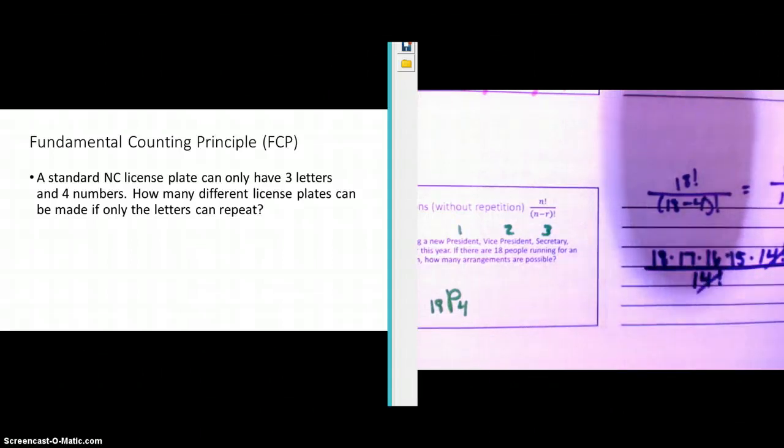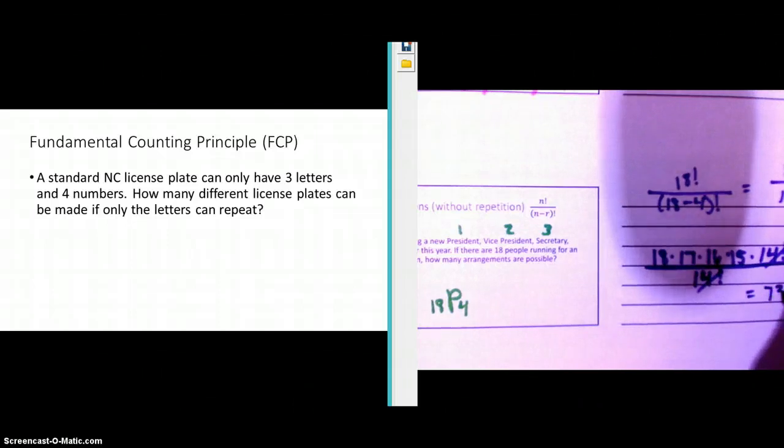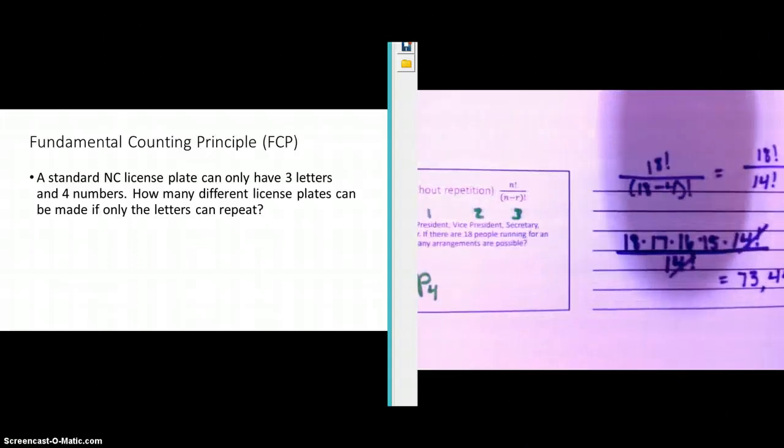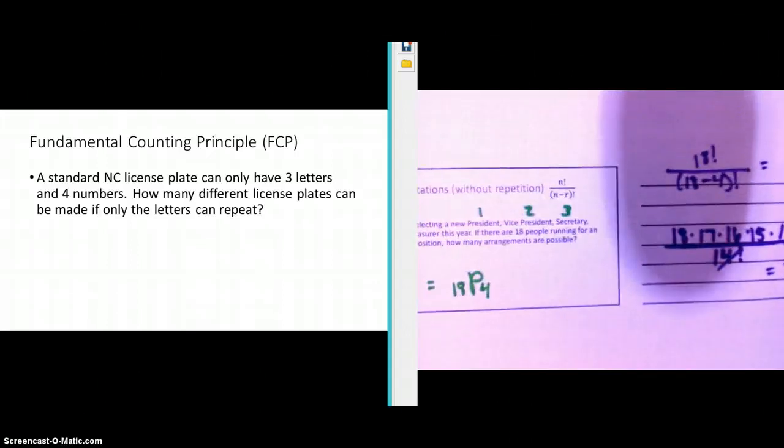When those cancel, I'm left with 18 times 17 times 16 times 15, which equals 73,440. So that's permutation without repetition.